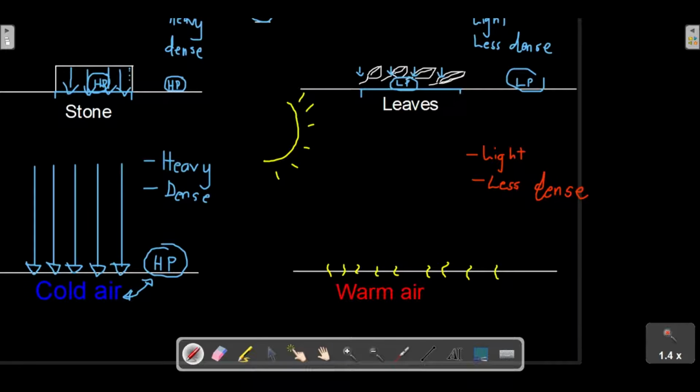That means that particular air will warm up, and so it will become warm air.